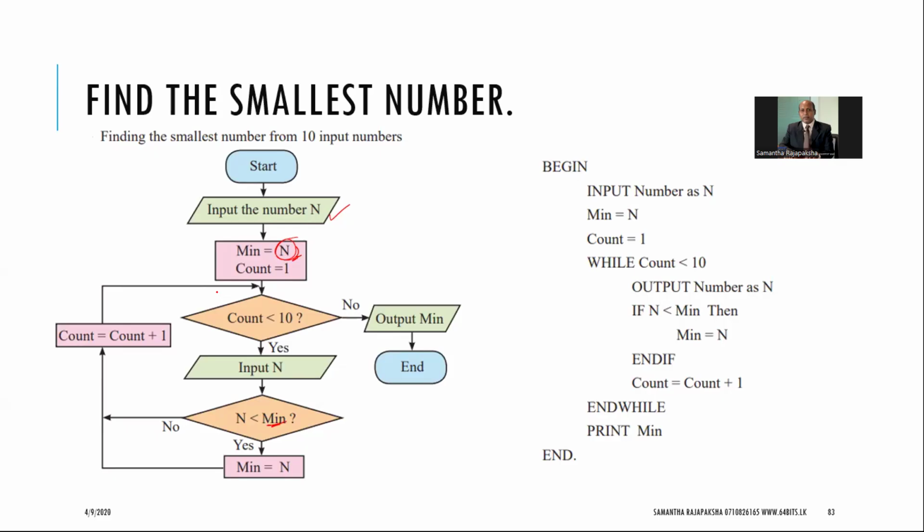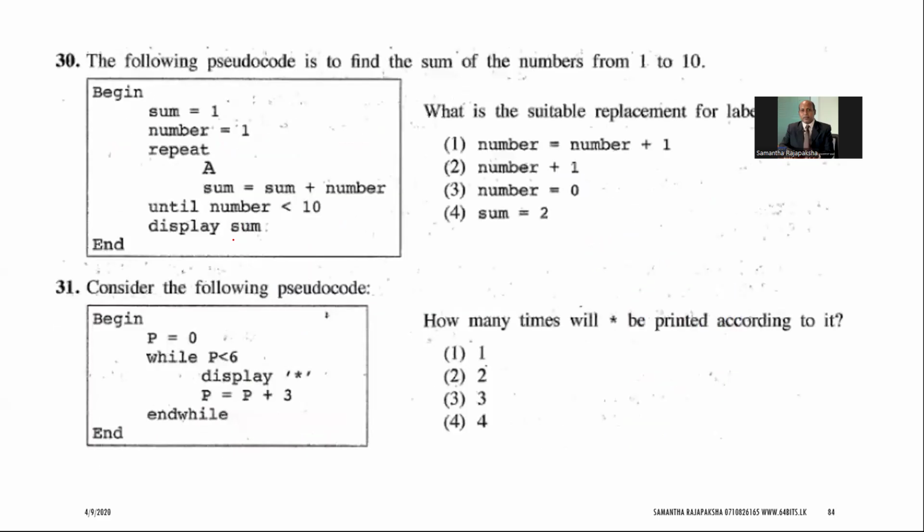This algorithm is to find the minimum value. No need to memorize, just keep it in mind. Now this is one of the past questions. I'll give you a few minutes. Can you try it out?